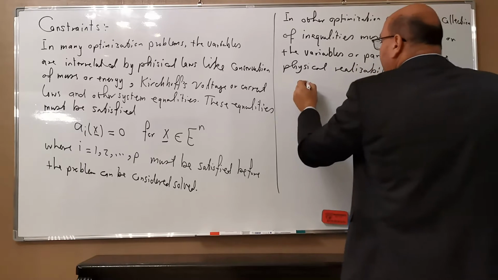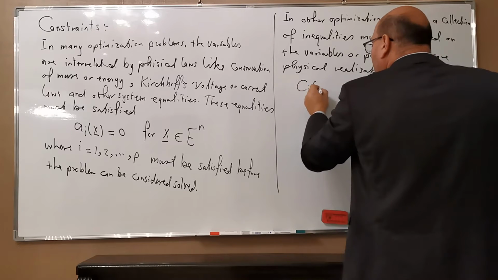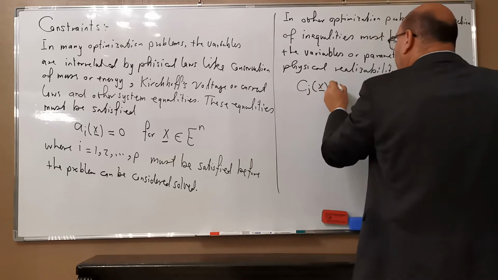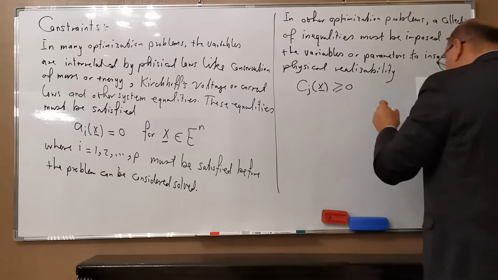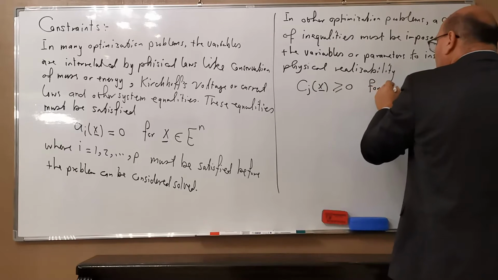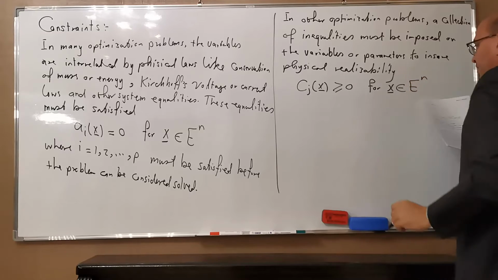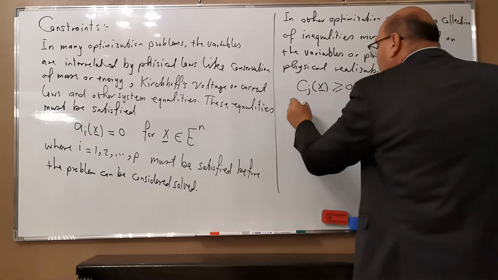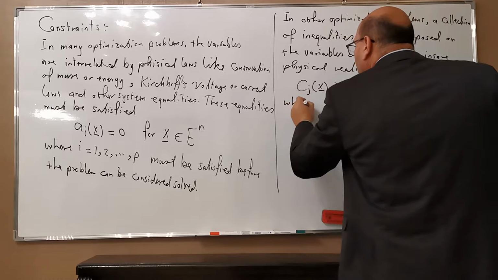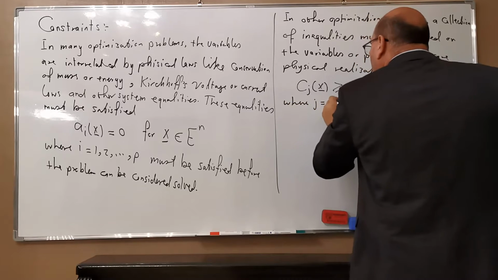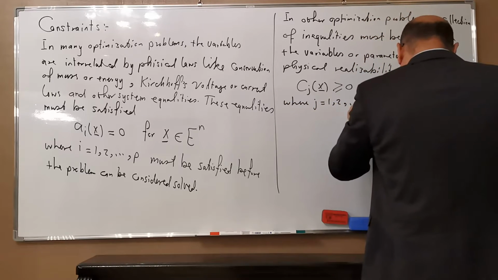And here we have c sub j of x greater than or equal to 0 for x belongs to the nth Euclidean space, where j equals 1 up to q.